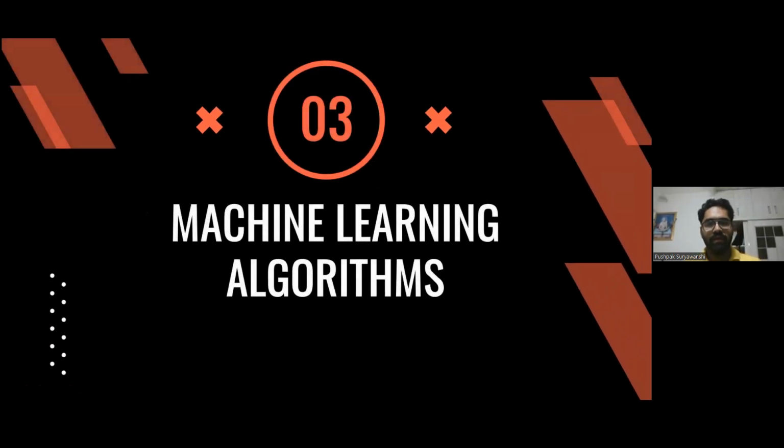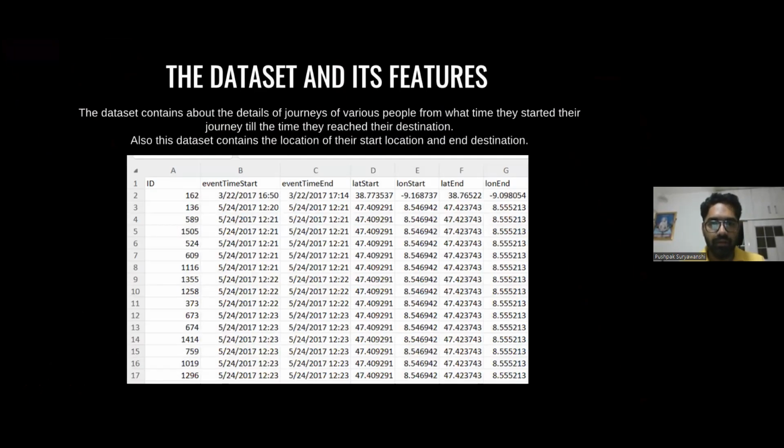So let us see what machine learning algorithms we have used in this task. Firstly, let us look at the data set. The data set contains details about the journeys of various people, from what time they started their journey till the time they reached their destination. It also contains the start location and end destination. ID means the person ID. Event start time means the time at which the user started their journey.